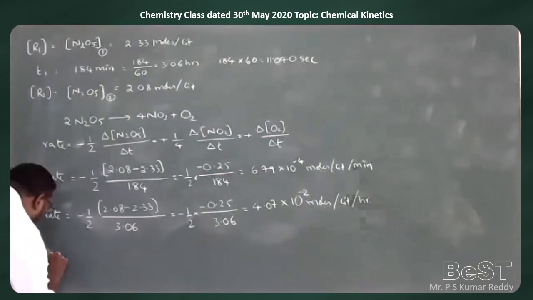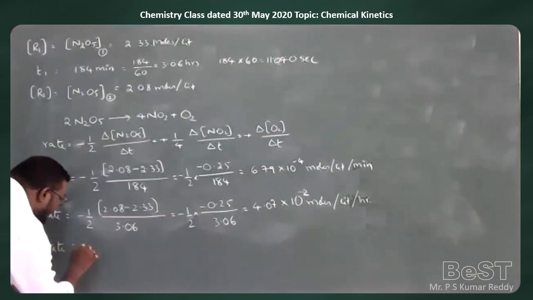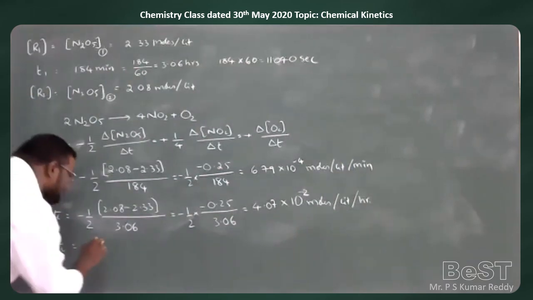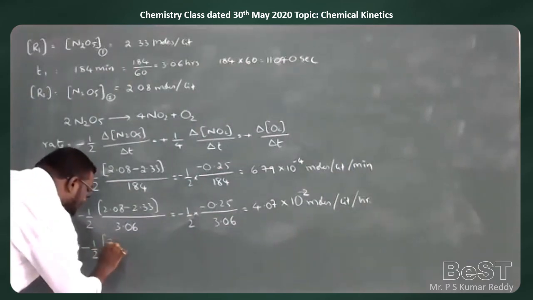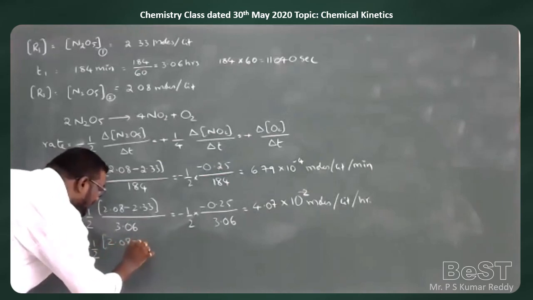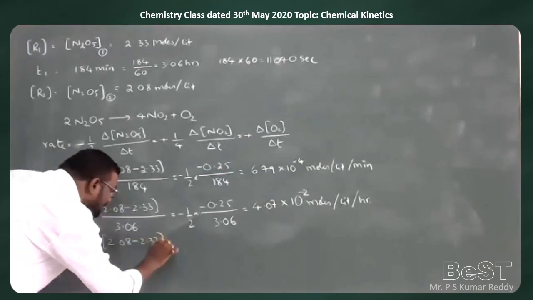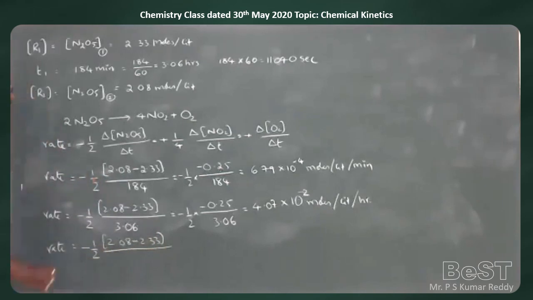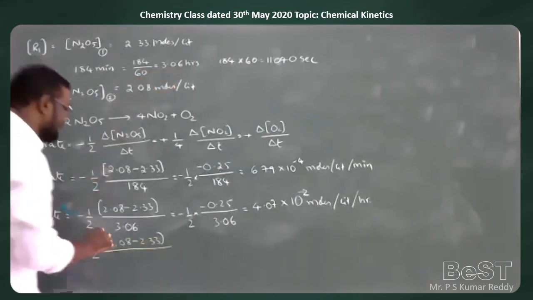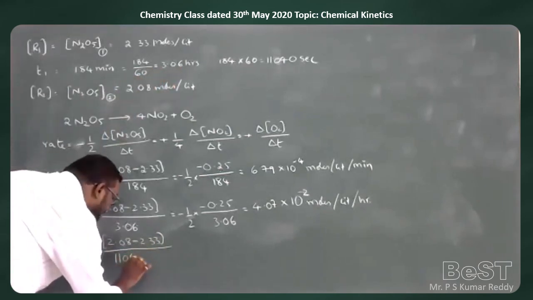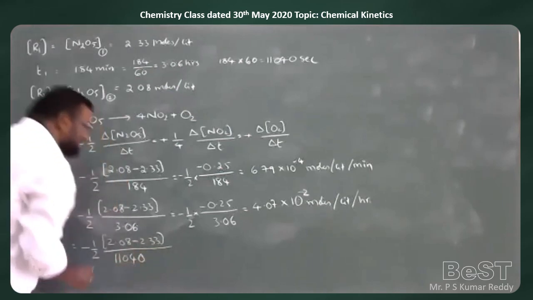In the same way, rate is equal to minus half into final concentration 2.08 minus 2.33 by, here we are trying to calculate with reference to seconds, 11040 seconds.